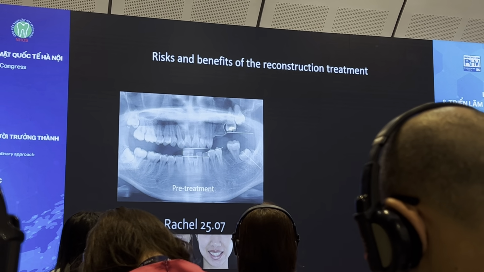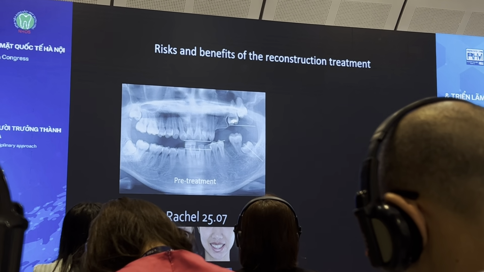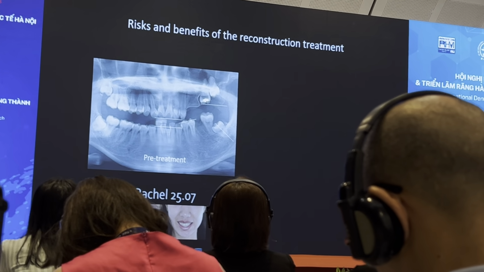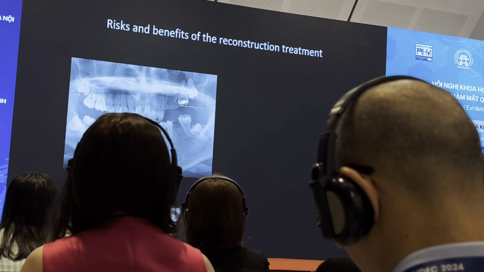For Rachel, who had suffered from a car accident, her occlusion caused pain and discomfort, especially on the left side, with over-erupted teeth traumatizing the gingiva constantly.